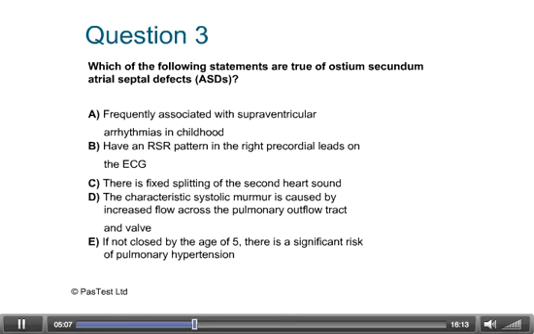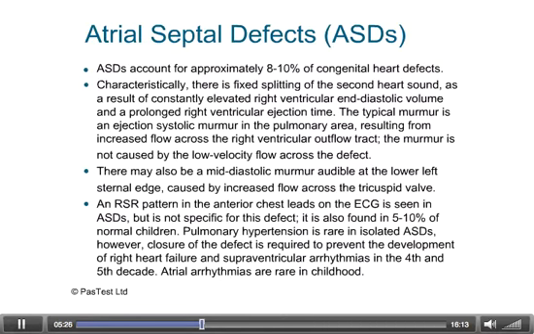Question 3. Which of the following statements are true of ostium secundum atrial septal defects? ASDs are relatively common, making up approximately a tenth of all congenital heart disorders. And as you've heard before, there are characteristic features such as the wide fixed splitting of the second heart sound, as the atria, left and right, function as one.